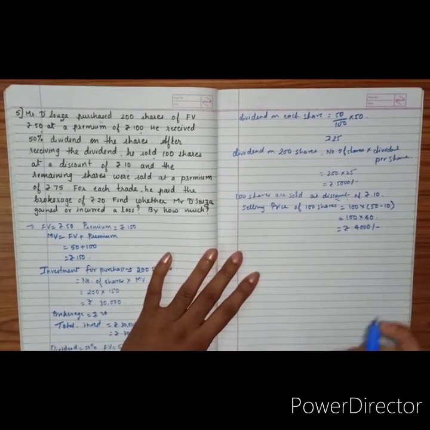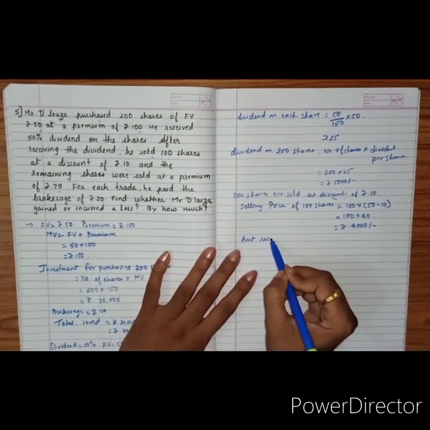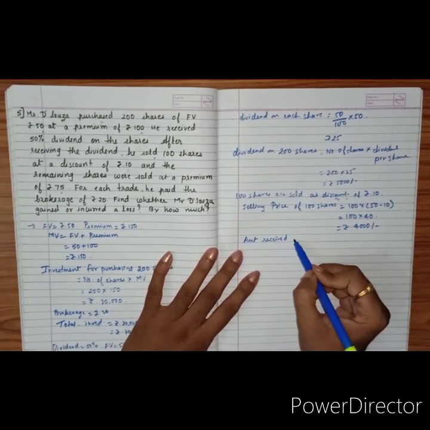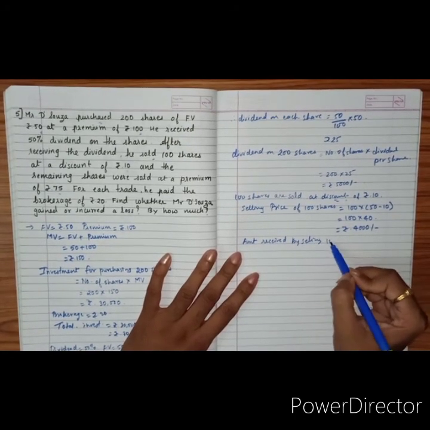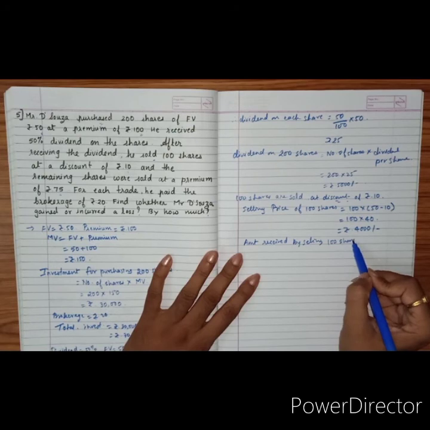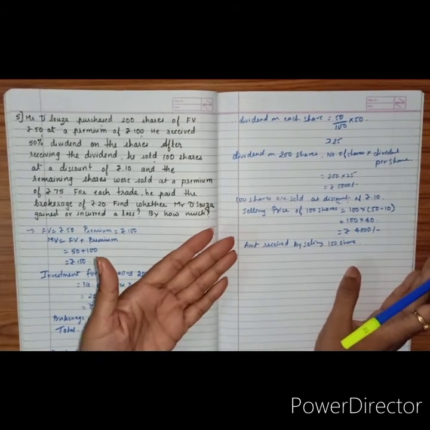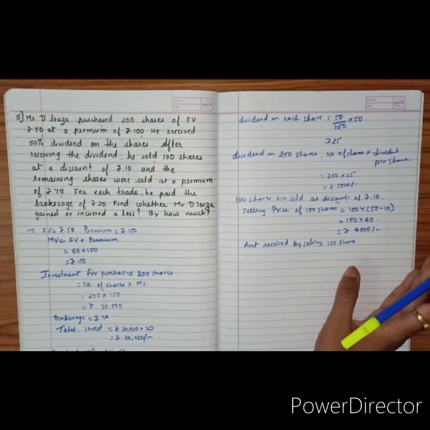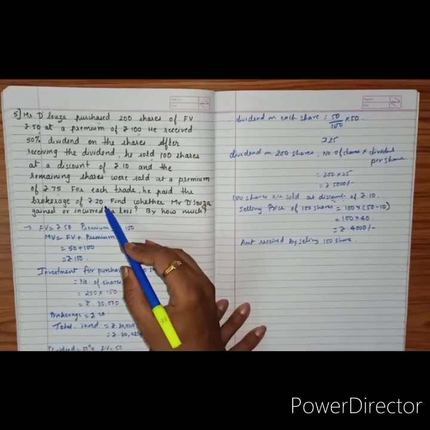Okay, now the amount received. How are we going to calculate the amount received after selling 100 shares? While selling also he has to pay brokerage, right? So he is going to pay brokerage of how much? 20 rupees.